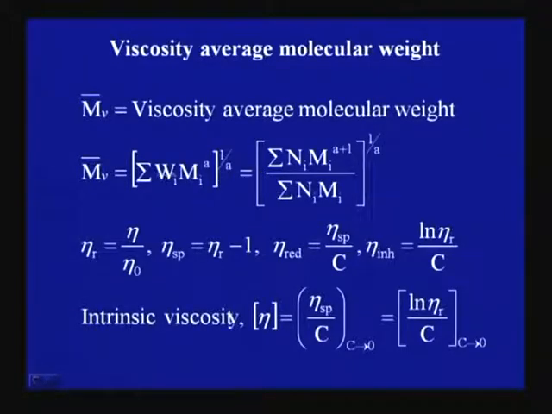Again, if you split Wi into Ni and Mi, it is a plus 1 divided by the sum of the product of Ni Mi raised to the power a, the whole to the power 1 by a. Okay. So, this is the expression for viscosity average molecular weight.